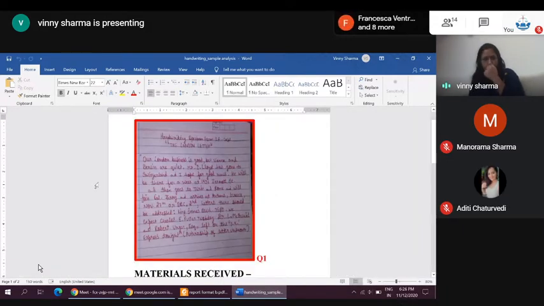Since this is digital, I have done a bit of work ahead. So you can see that this is the famous London letter that we all must have used sometime in your examination or your forensic education.